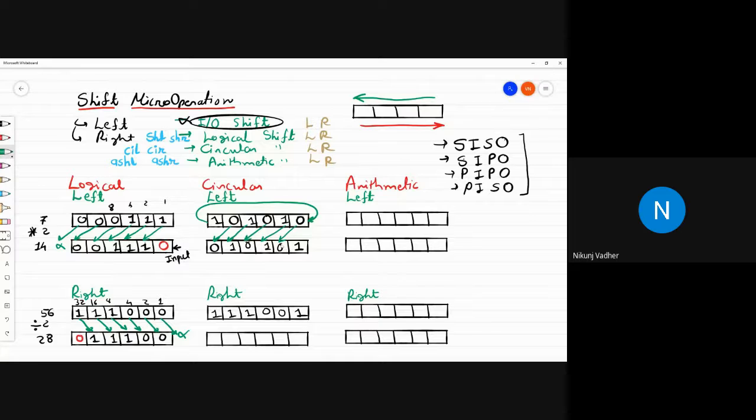But instead of that, here we make the least significant bit the most significant bit. So 1110 00, and instead of discarding the last bit, we place it over here.